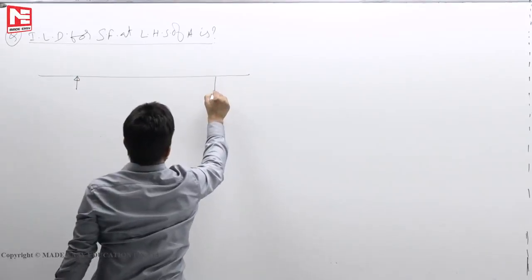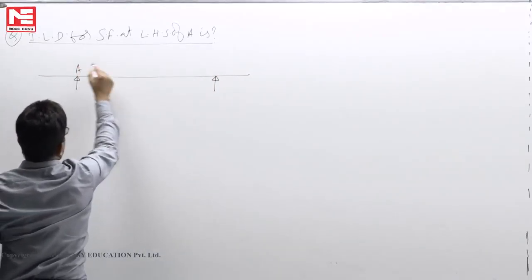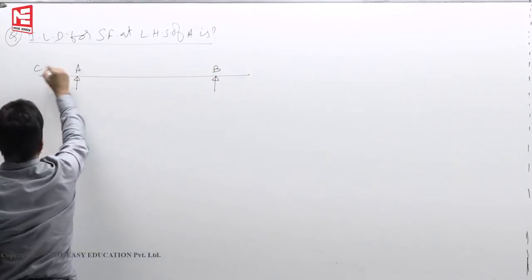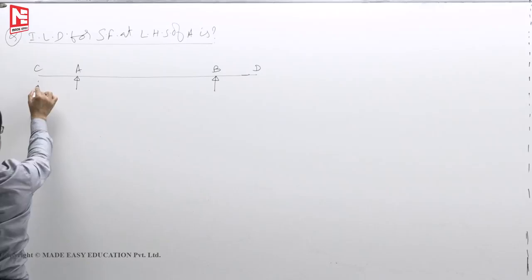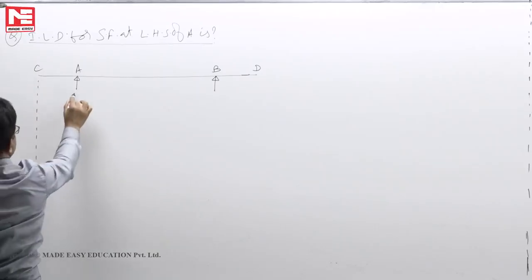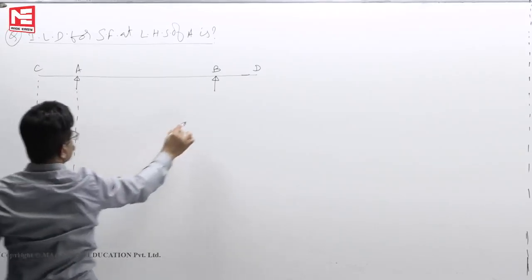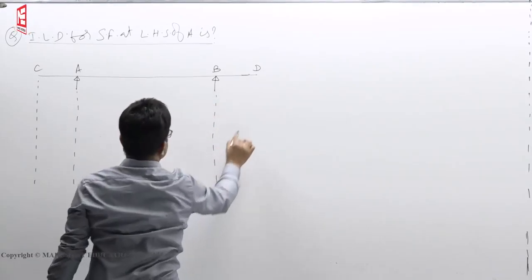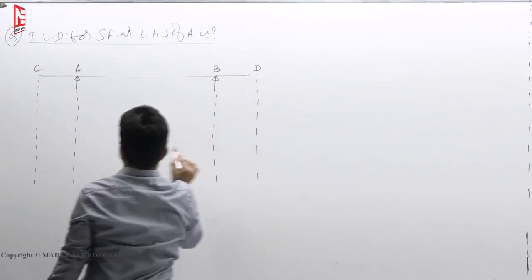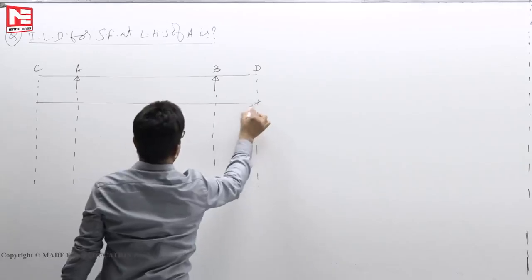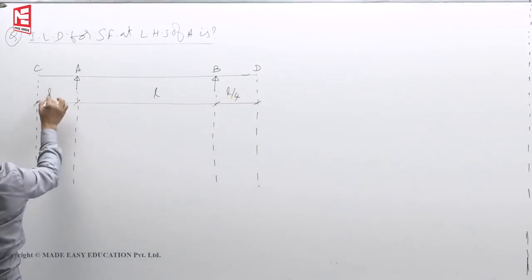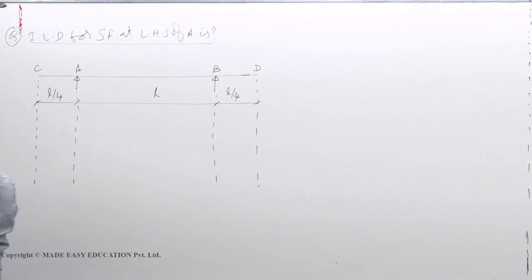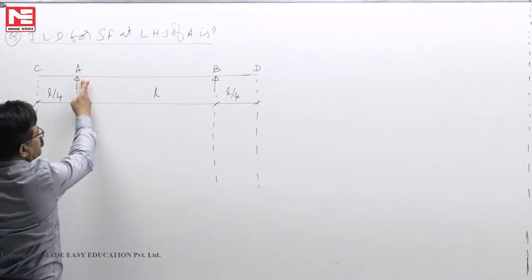Now we want to see LHS of A. As I told you earlier, A, B, C, say this is D. L by 4, L by 4. For RHS of A we have already drawn.